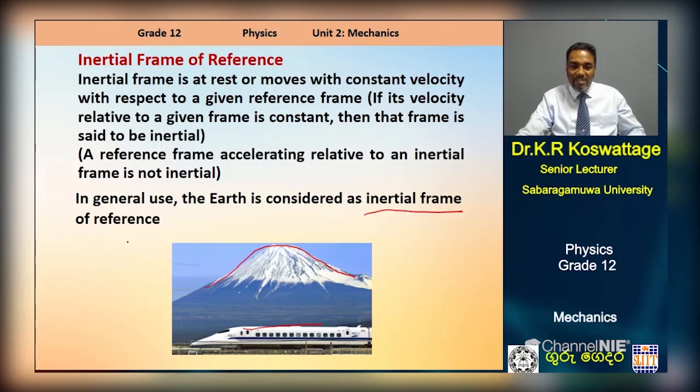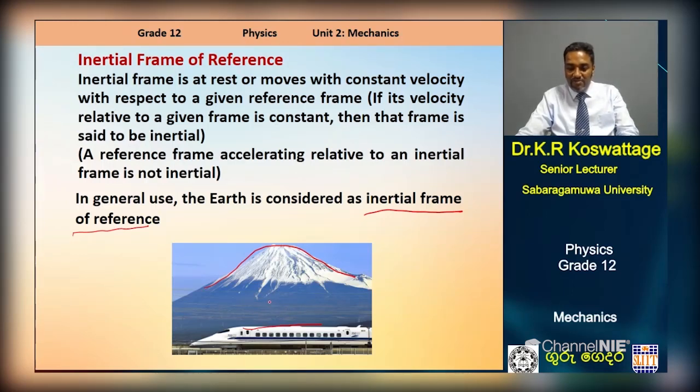If it is accelerating, we cannot say so; it is not an inertial frame of reference. Hope this is clear for you all. This is an actual picture of the Shinkansen moving near Mount Fuji.